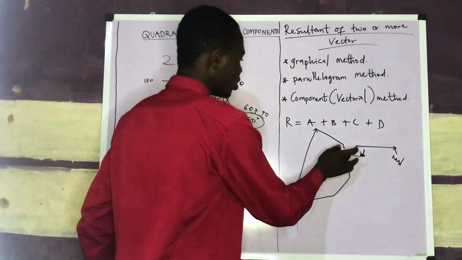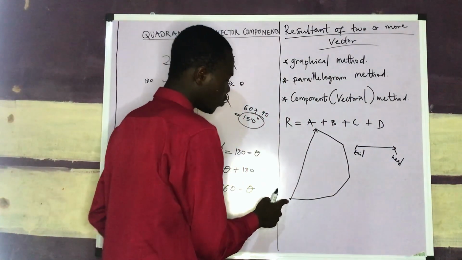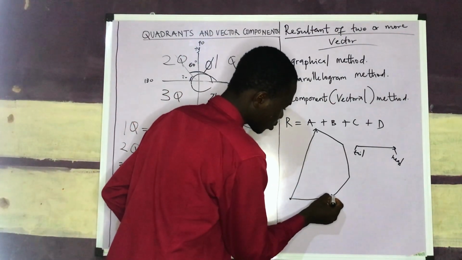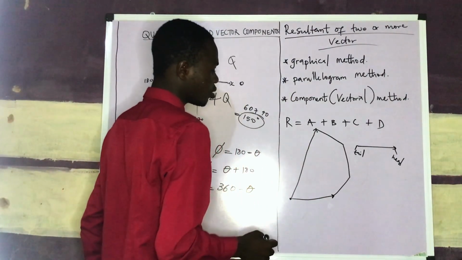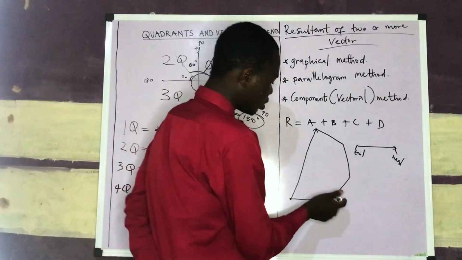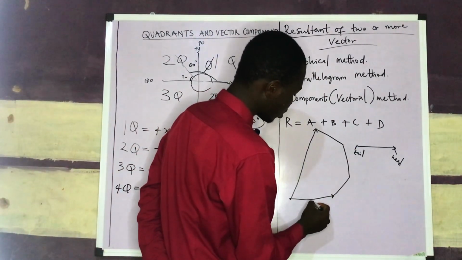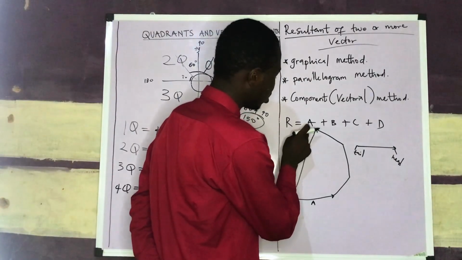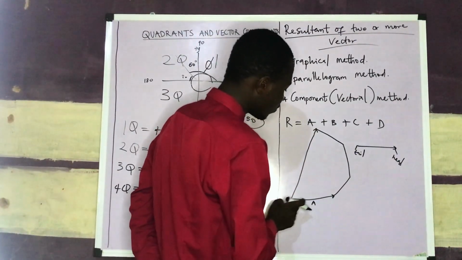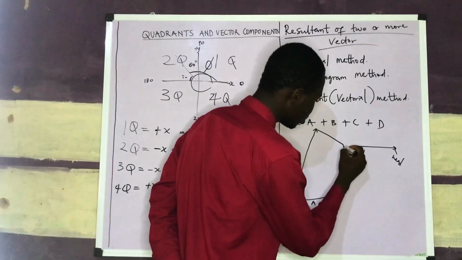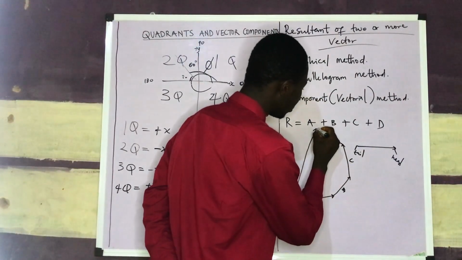The tail is always the starting point, pointing towards the direction of the head. This represents our vector A, this vector B, this vector C, and this vector D.